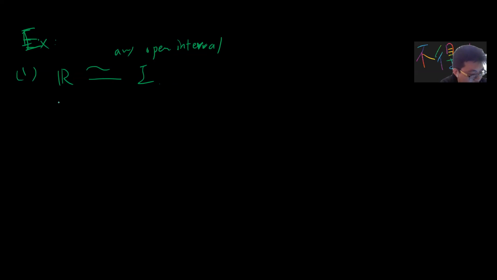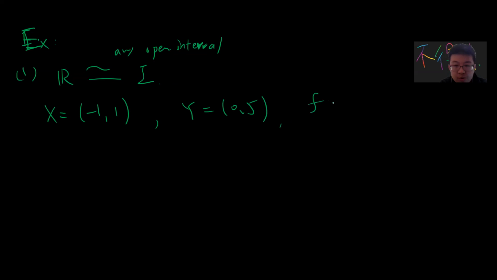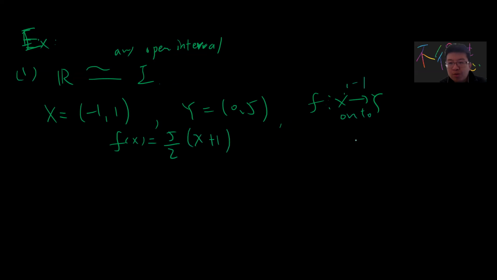Let's see a simple example: let X be (-1, 1) and Y be (0, 5). The simple map will be linear, which everybody can come up with. You can define f(x) to be 5/2 times (x plus 1). You can check that this is one-to-one and onto, because it is linear, so it must be continuous, and the inverse exists.